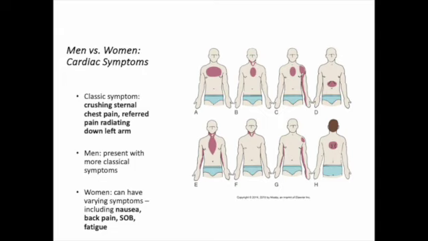Well, with men, this presentation is pretty classical, and you will see jaw pain, substernal pain, pain radiating to the arm, a little bit of epigastric pain. However, with women, there are various types of symptoms. They may only have nausea, may only feel back pain, may only experience shortness of breath or fatigue. They may not have this substernal chest pain that we're so used to hearing about.